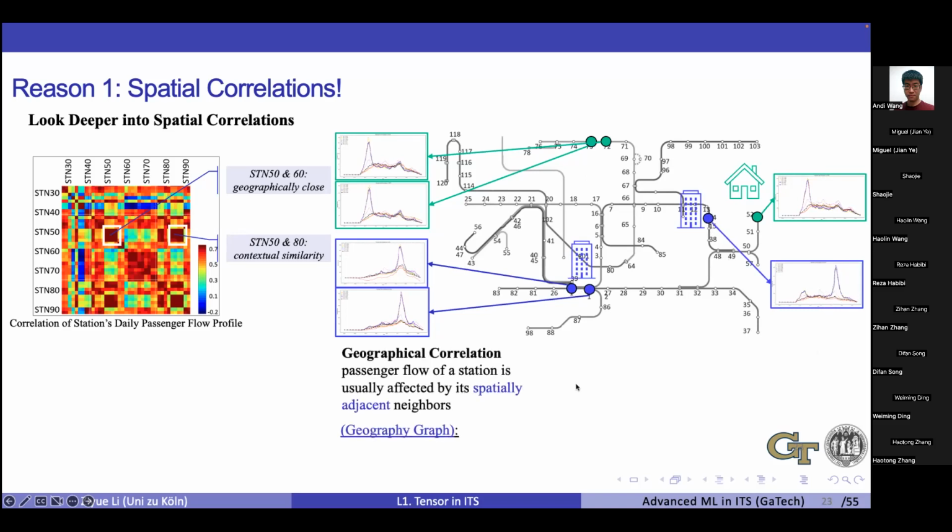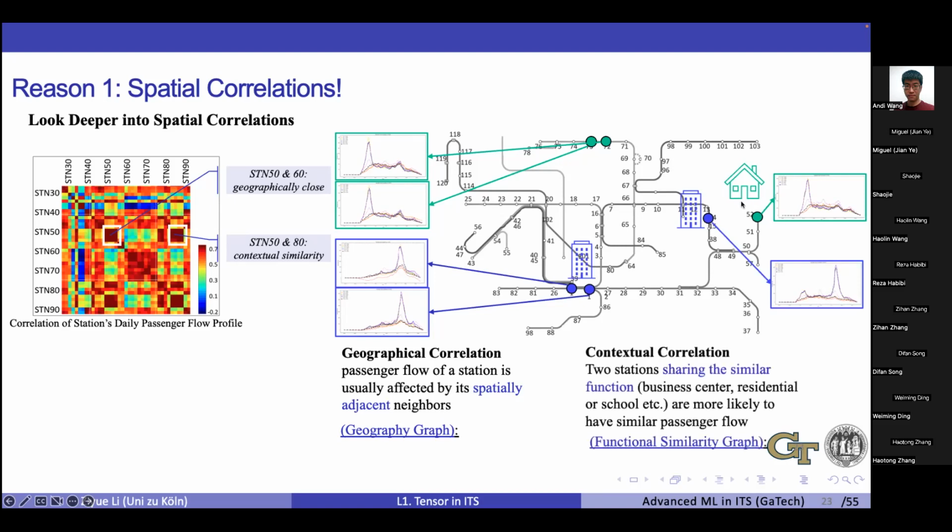So we can observe 2 correlations: being geographically close makes 2 stations have a similar pattern, and also if they are located in a similar functional area, even if they are far away from each other, they still have a similar pattern. So we call them the geographical graph and the functional similarity graph. These two graphs play a role.